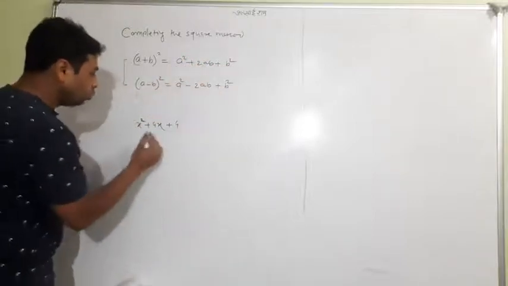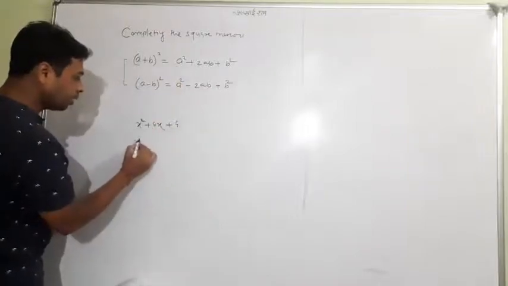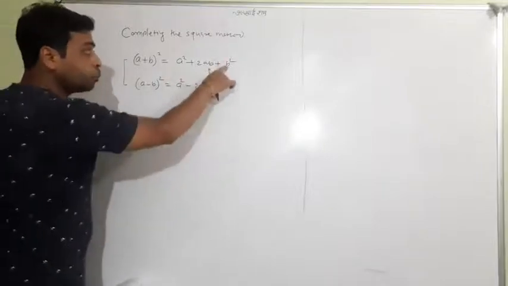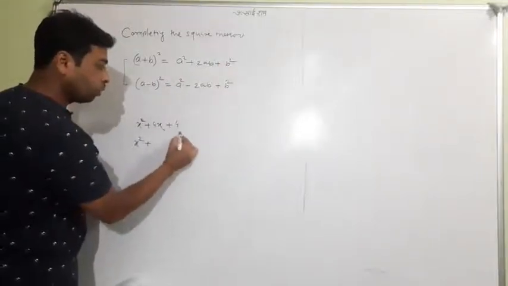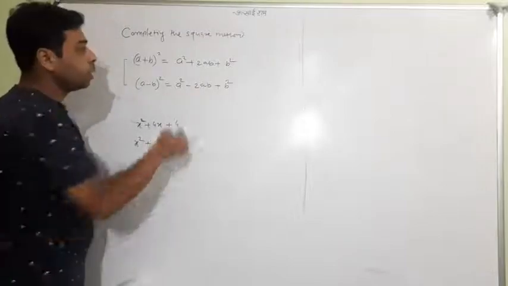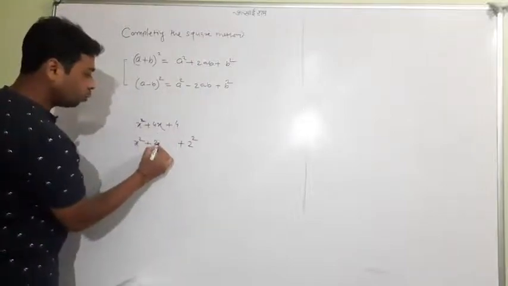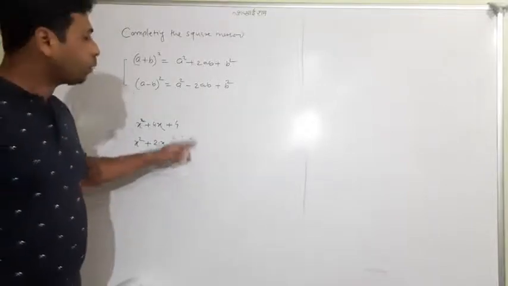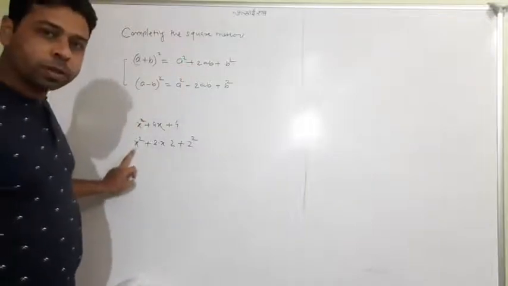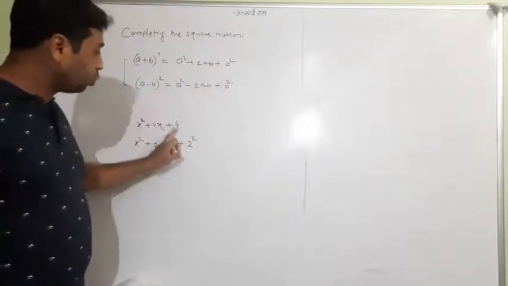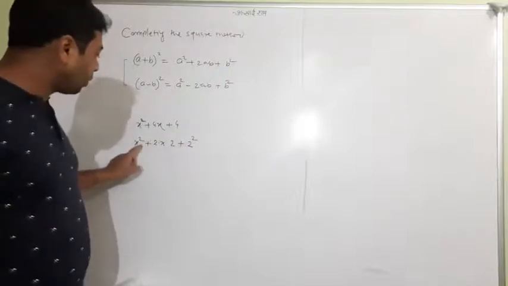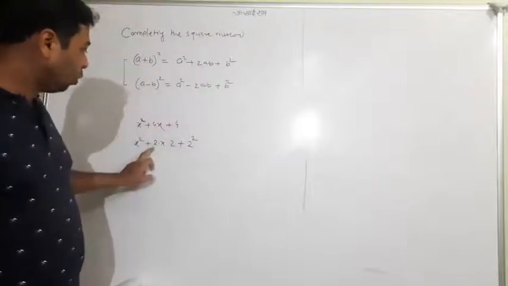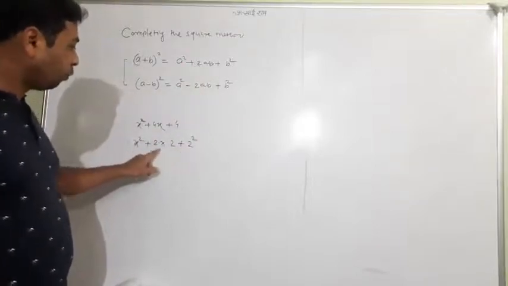Can you do it? x square is a square, and b square is 2 square, which is 4. It is 2ab, 2 times a and b. Now compare: a square means x square, b square means 2 square. So you have decided that a is x, b is 2, and the middle term 2ab is equal to 4x.